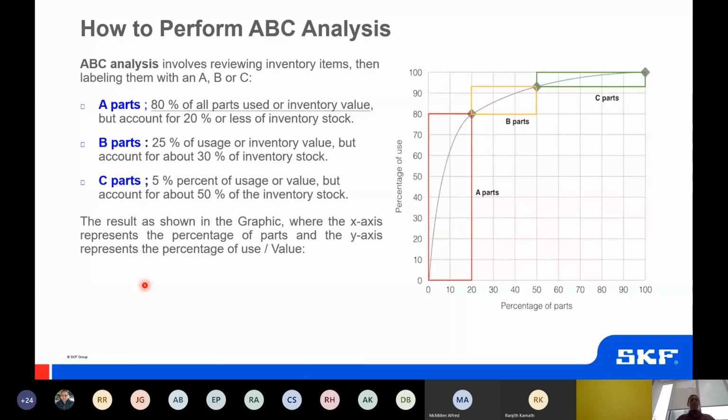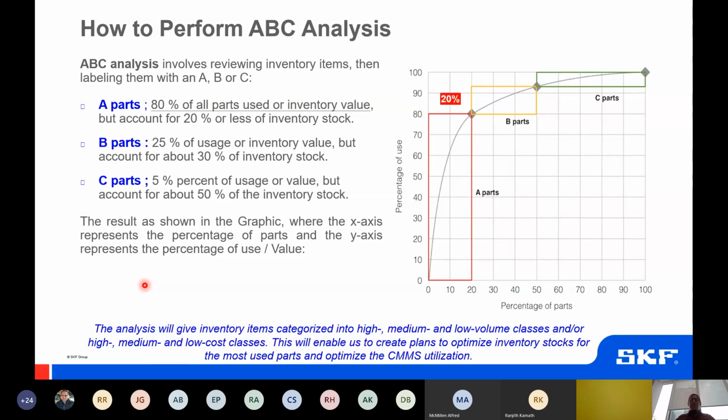You may call it ABC or XYZ, but the bottom line is to define which of your spare parts consume 80% of your inventory value, and which spares consume 30% of your inventory value.